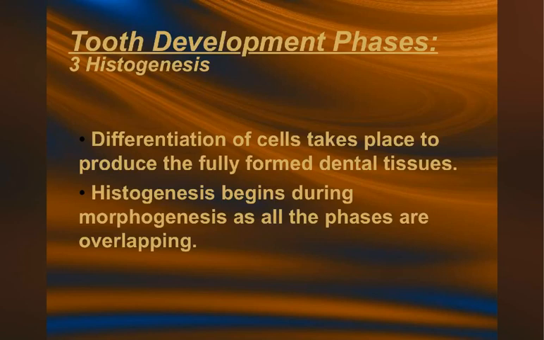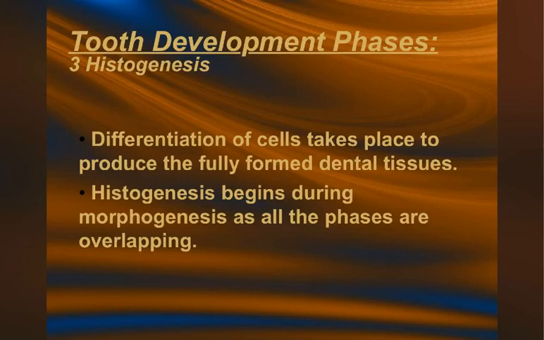So, for example, the crown. When the shape of the crown is determined, the secretion process, the differentiation process, starts in the crown region without waiting till the root is formed. Then the root is formed, which means morphogenesis of the root.